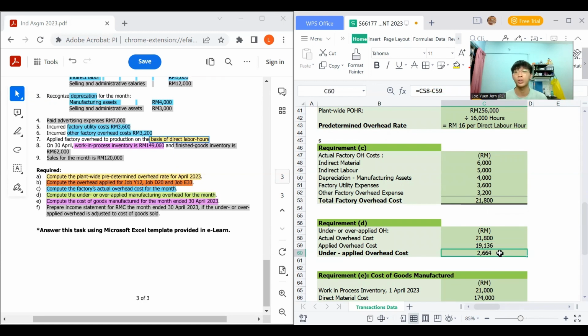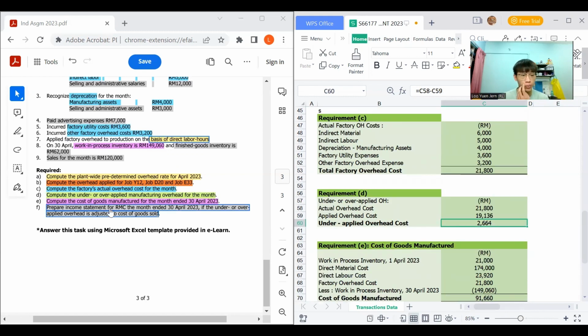That is 2,664 ringgit Malaysia. So we can conclude the overhead cost is under applied because the actual overhead cost is more than the applied overhead cost.